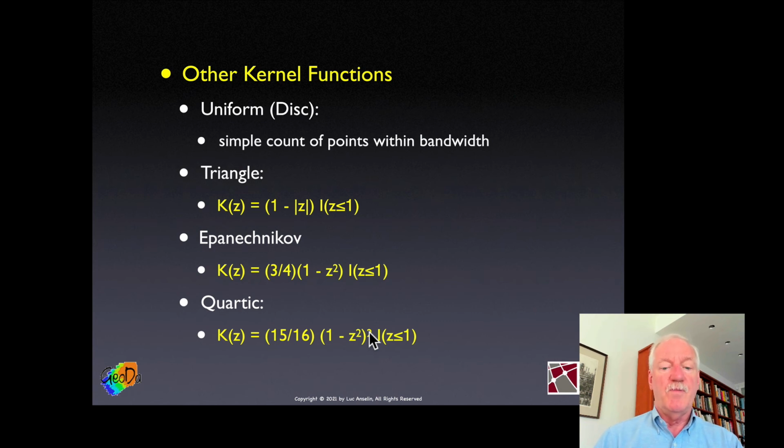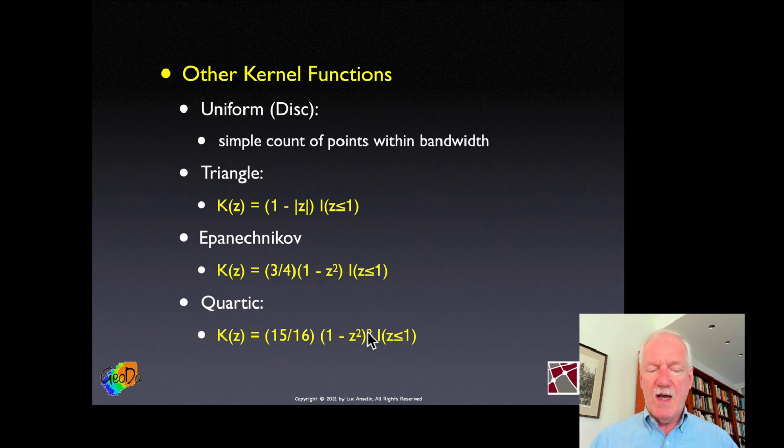So it becomes even smaller, because remember, these are fractions. So 1 minus a fraction is a fraction, and here we take this fraction and we square it, so it becomes still smaller. So that's a much higher penalty for points that are further away. It drops off much quicker with the quartic kernel function.